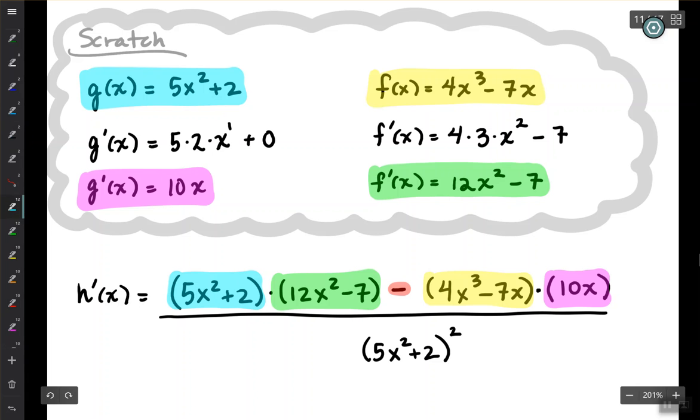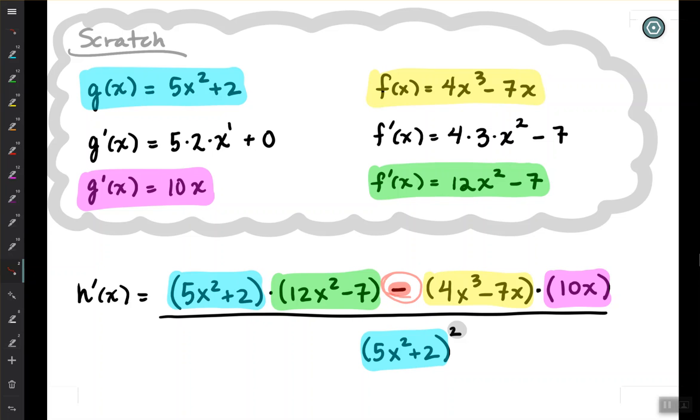Okay. Do not say, I see a blue in the top and a blue in the bottom, I can get rid of one of them. There is a subtraction sign here, right? I can only get rid of common factors. I can only acknowledge a secret times 1. So don't make that algebra mistake.